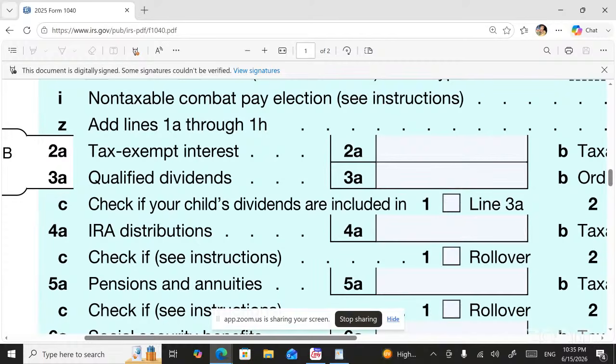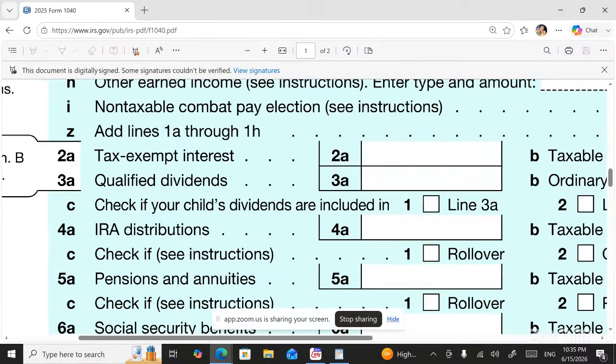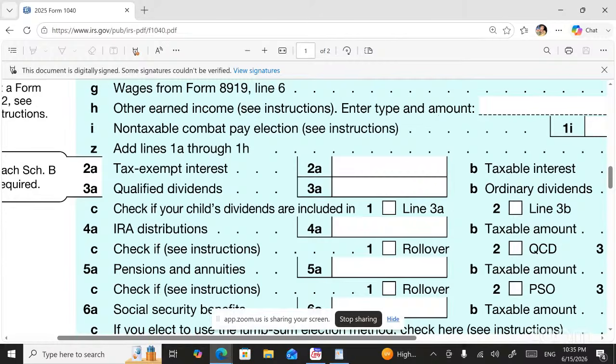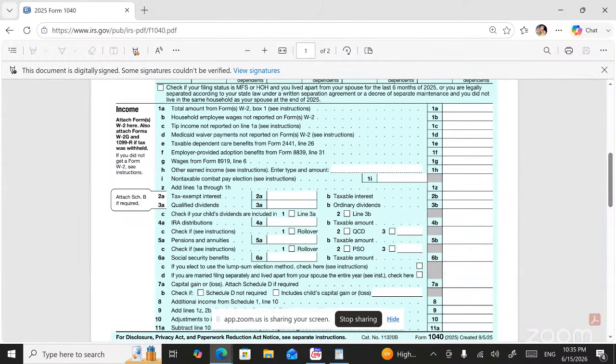Now coming to 2A. Before moving to 2, 3, 4, etc., let me explain.